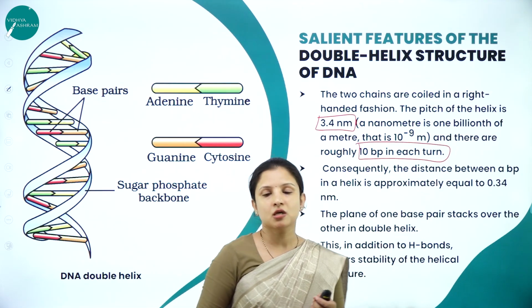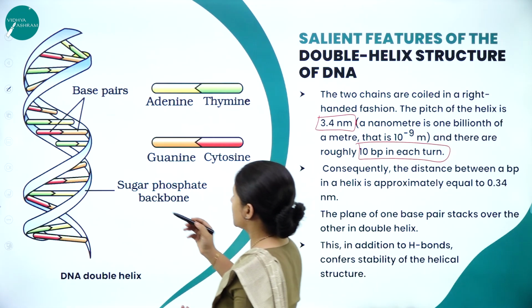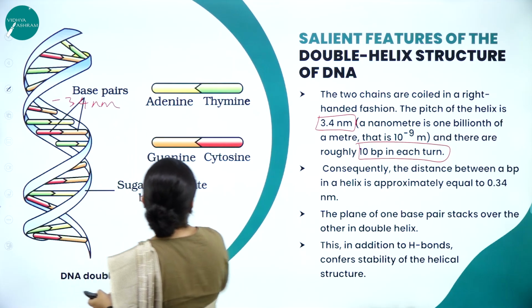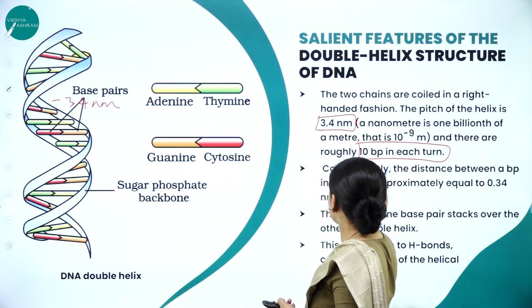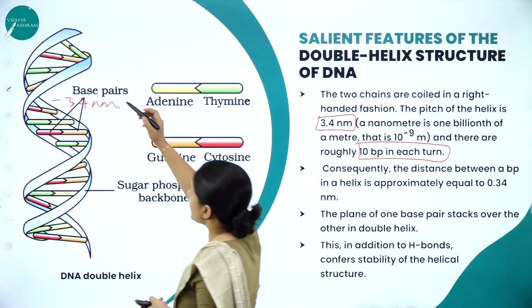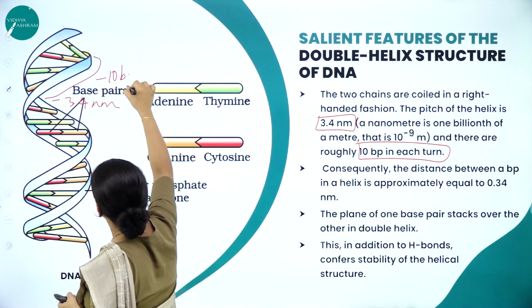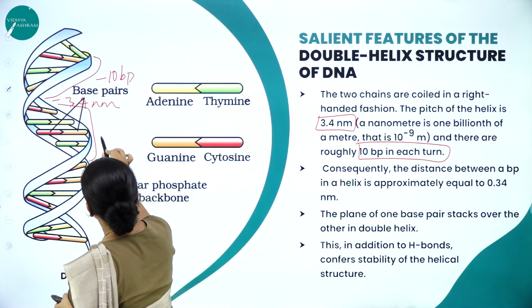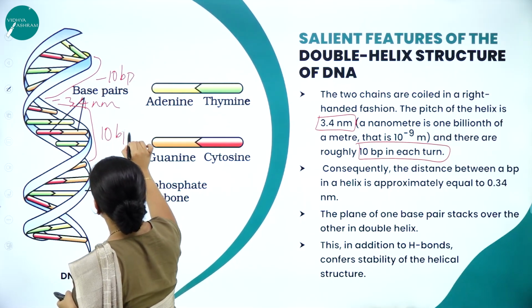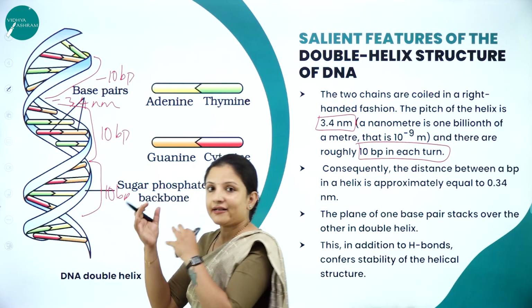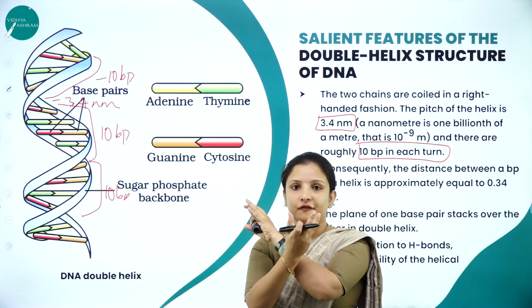So the pitch between each turn is 3.4 nanometers, and there are roughly 10 base pairs. In this turn, how many base pairs are there? 10 base pairs. In this turn, if we count, there will be 10 base pairs. So for every 10 base pairs, there is a coiling of the DNA.